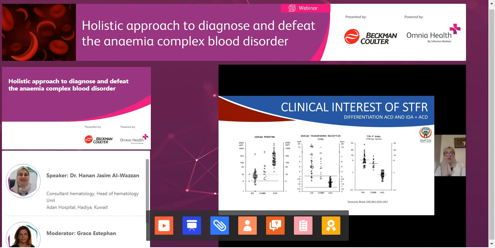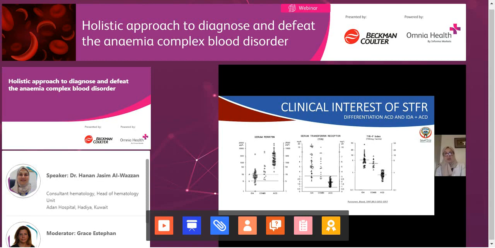In the serum transferrin receptor figure, the level is very low in anemia of chronic disease and high in iron deficiency anemia, but it also cannot differentiate between iron deficiency anemia and combined deficiency.